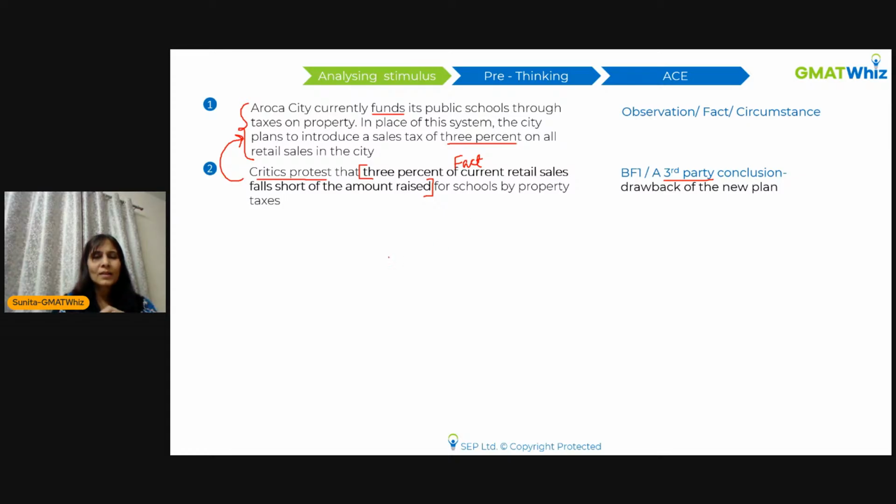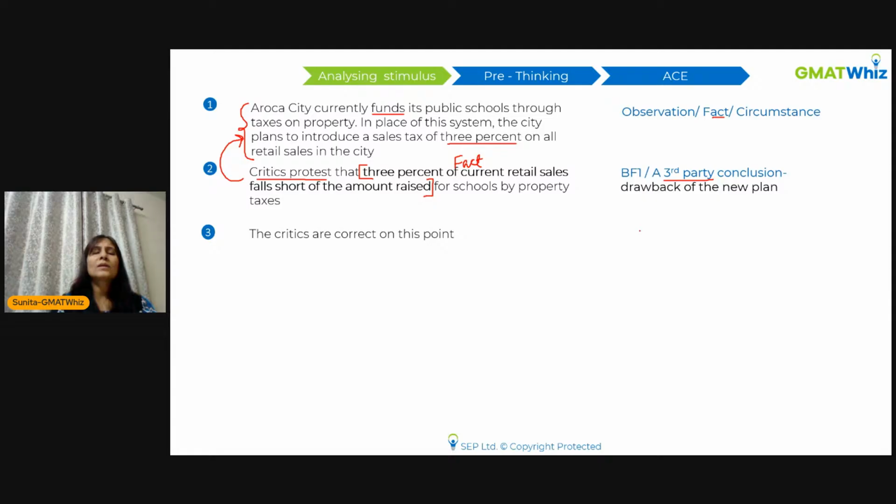How do we know that? It's using simple present tense for one thing. Secondly, is it something that you can falsify if you're stating it as a fact? So the critics are using this as a fact to go against the plan. Fair enough. Notice how I'm just staying with fact and opinion. The critics are correct on this point.